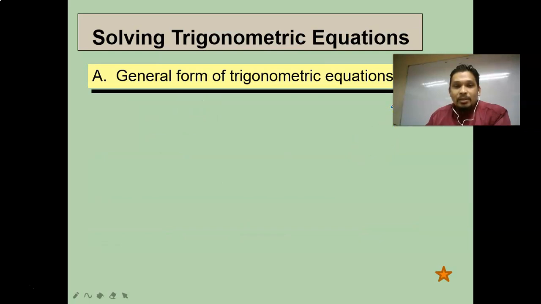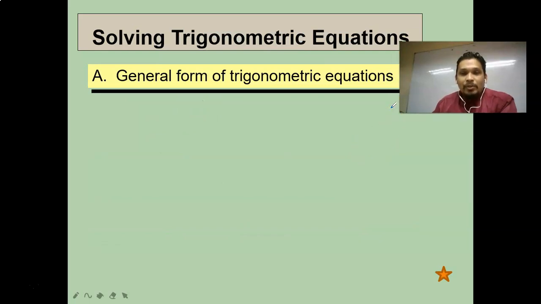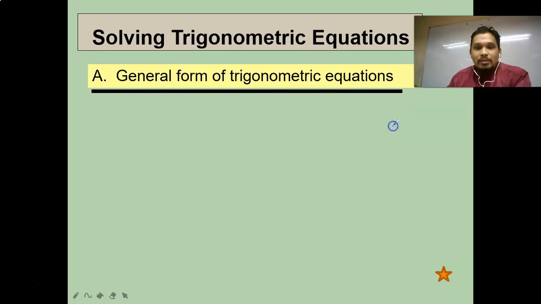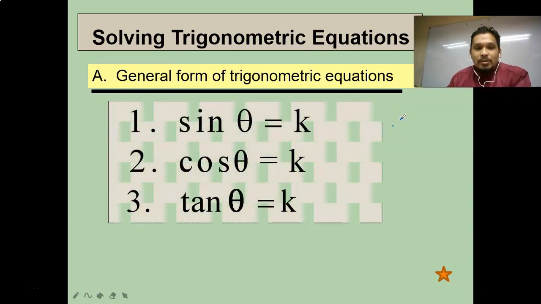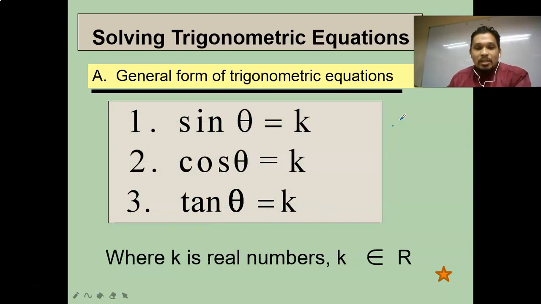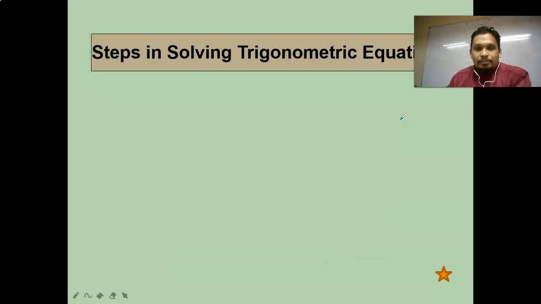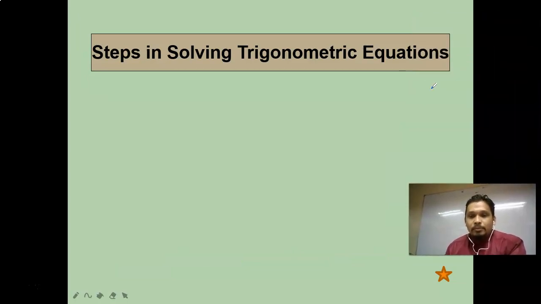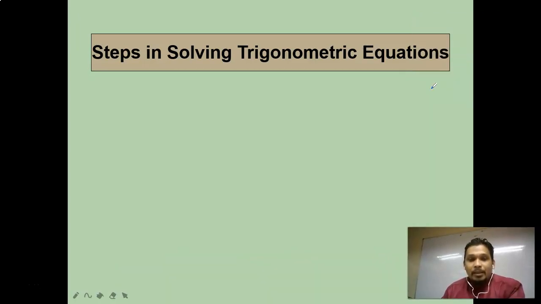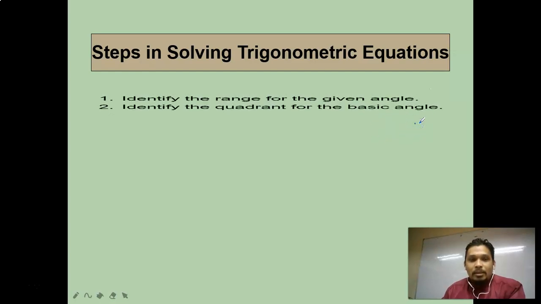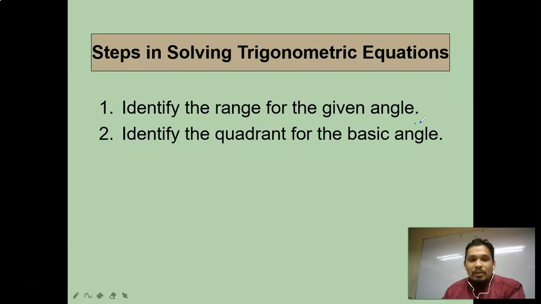So several form of trigonometric equation. Okay, so as you see here now, where k is a real number and k is an element of real numbers here. And identify the range of, okay, so step in solving the trigonometric equation.